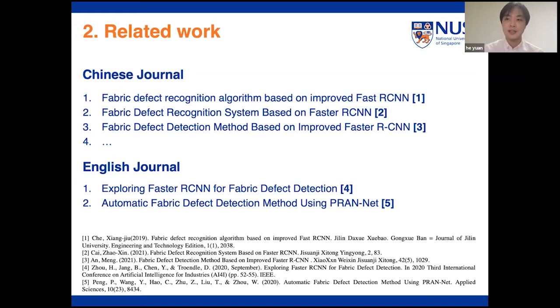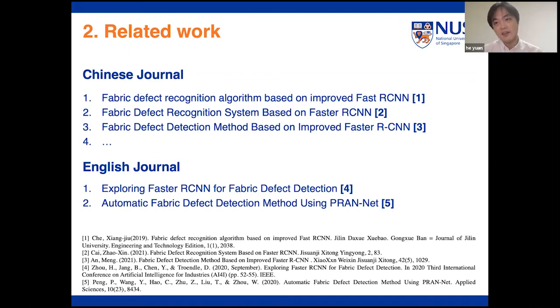And they believe their model can do real-time detection, but actually the images in the database are quite small, and I don't believe it can detect a large image or do video detection in real time.